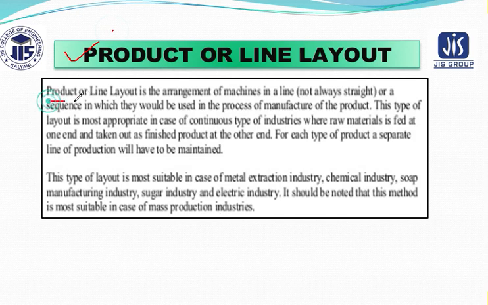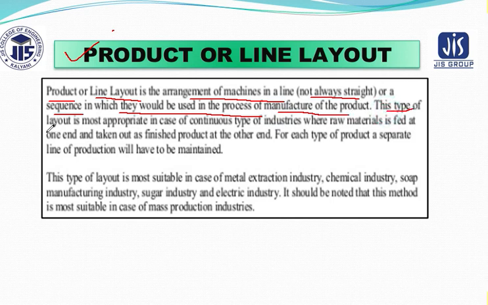Basically, product or line layout is nothing other than the arrangement of machines in a line, and not always in a straight line, but in the sequence in which they would be used to process the manufacturing of the product.